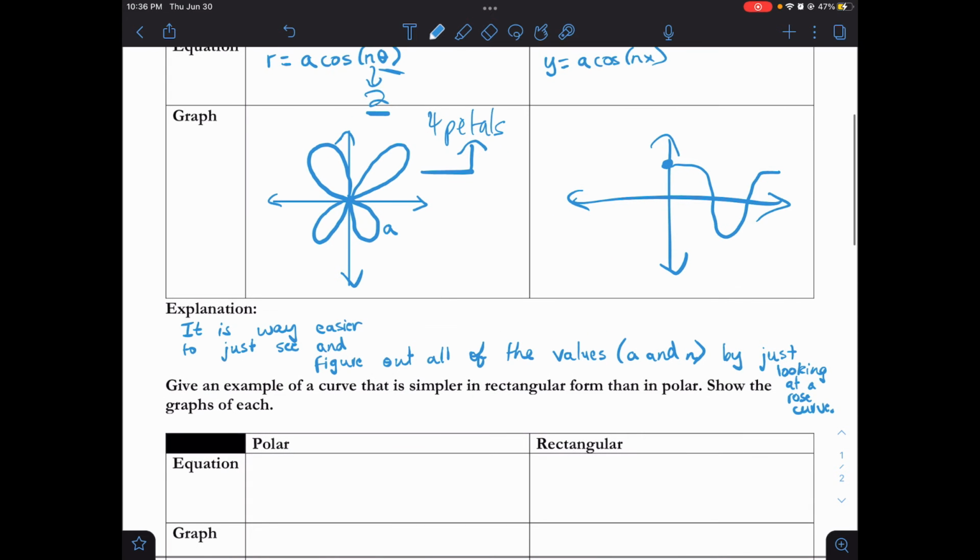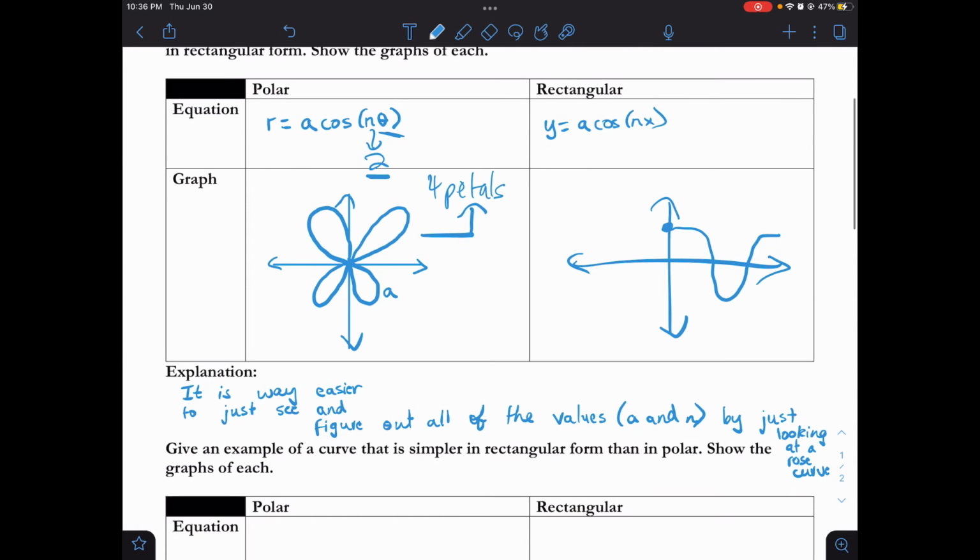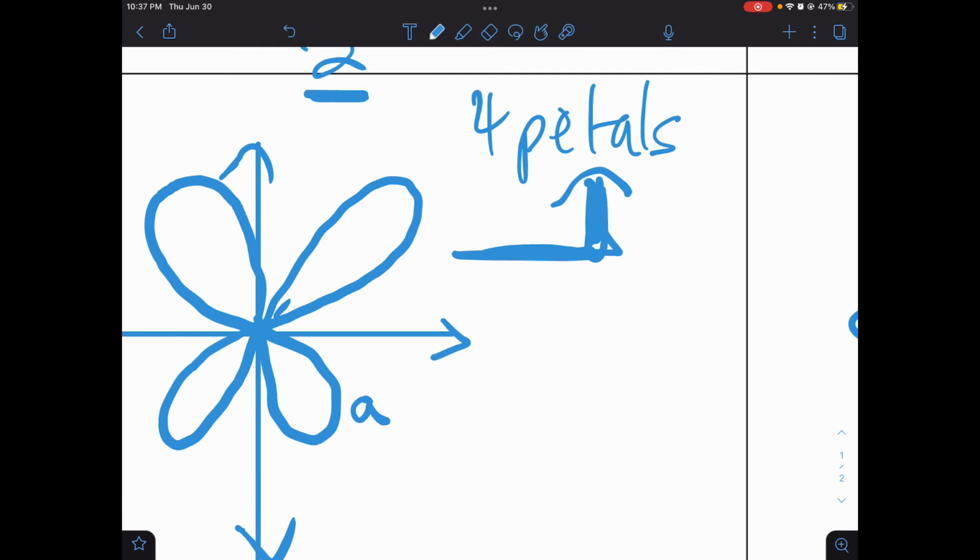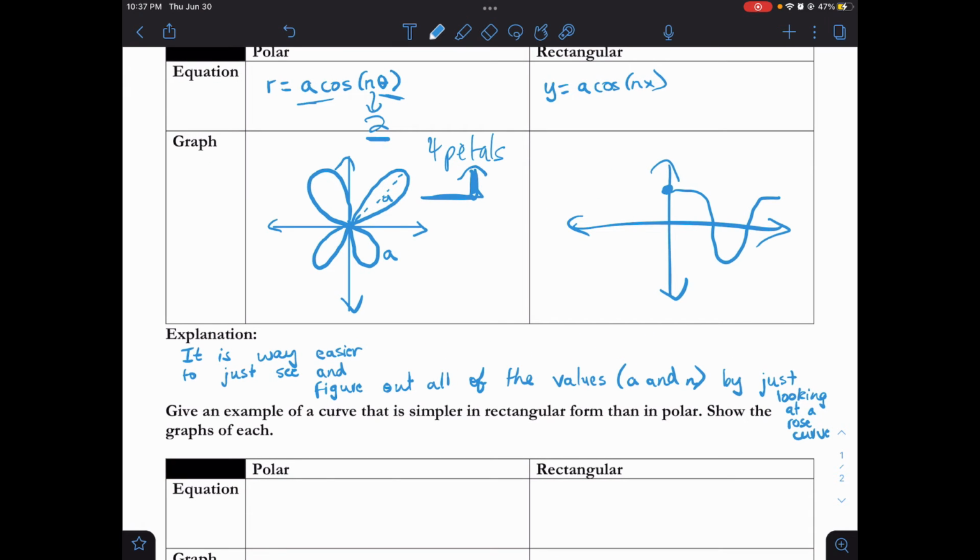Instead, if we did it on a rectangular, it'll just be a squiggly line and it'll just keep going and going. Whereas if we did it here, it's just going to be 4 petals, so we know that n is 2, and then we can figure out a by looking at this distance right here. So that's why that's easy.